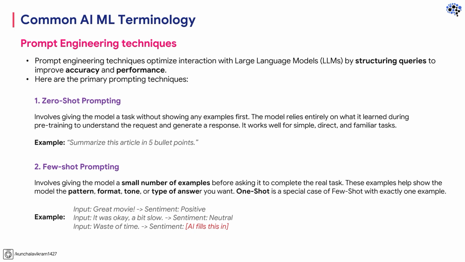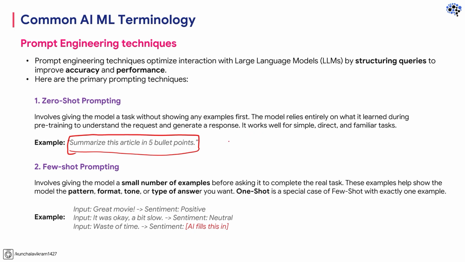Zero shot prompting involves giving a model a task without showing any examples first. For example, summarize this article in 5 bullet points. This is just a generic request that is given to a model. What the model will do is generate the response based on what it learned during the training, right?